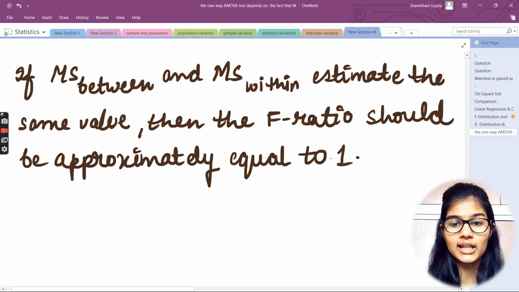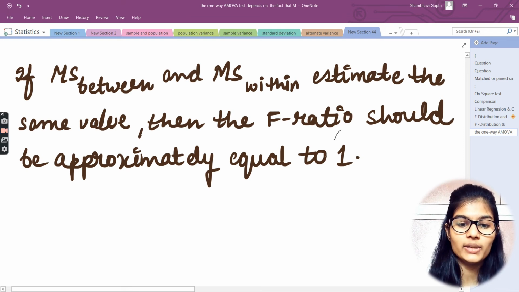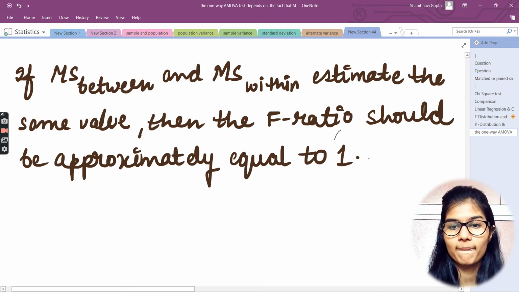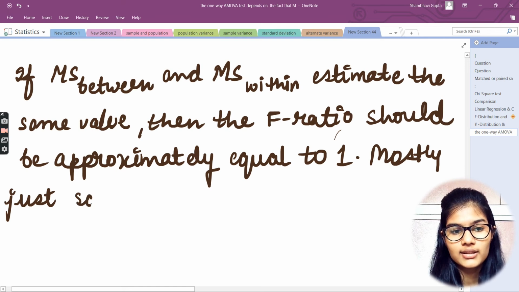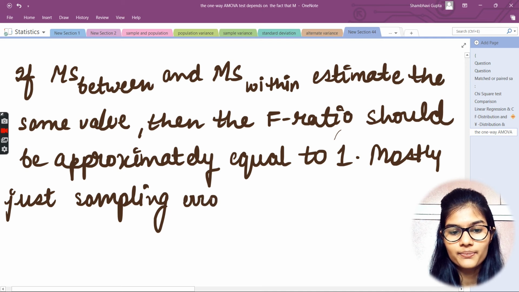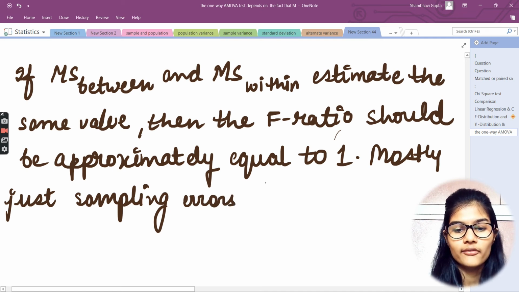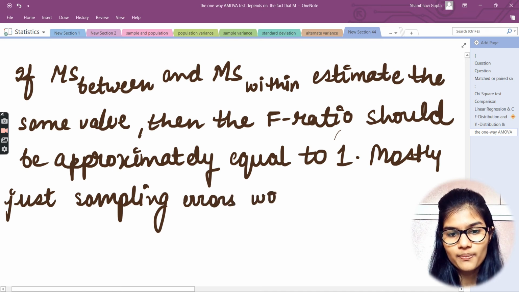So whenever the MS between and MS within estimate the same value, the F ratio should be approximately equal to 1. Now, mostly just sampling errors would contribute.